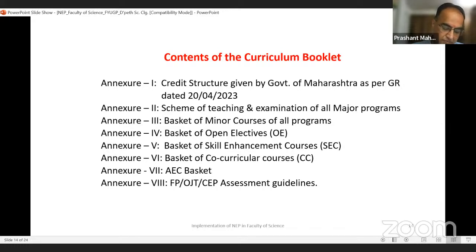I mean, they are expected that there will be uniformity so far as credit and course structure is concerned. This is the meaning of that para.